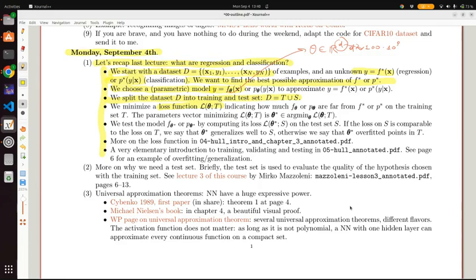This loss in some way indicates how much our candidate is far from the unknown function on the training set. And so in order to find the best candidate with the amount of data we have, we just have to solve a minimization problem. Okay, we have to optimize this function.